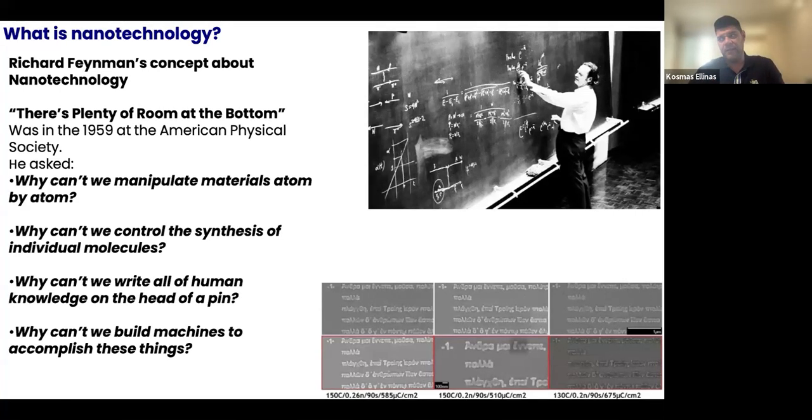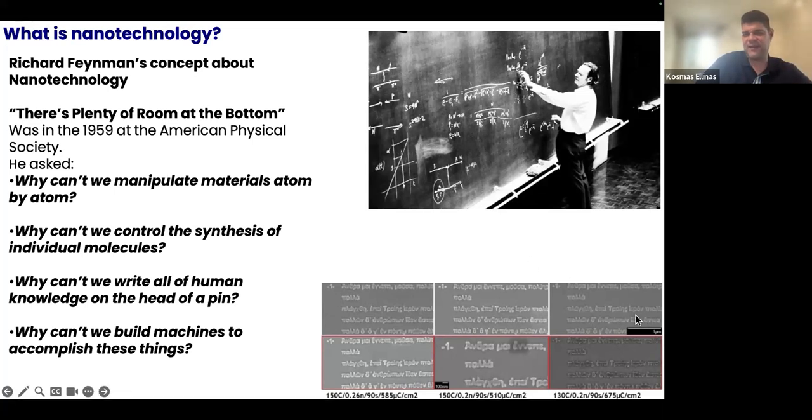Why don't we write all the human knowledge on the head of a pin using nanotechnology? And why don't we build machines and instruments that can do these functions? And actually nowadays, after, let's say, 65 years, we can say that we have the technology that can provide answers to all these questions pointed out in this conference.